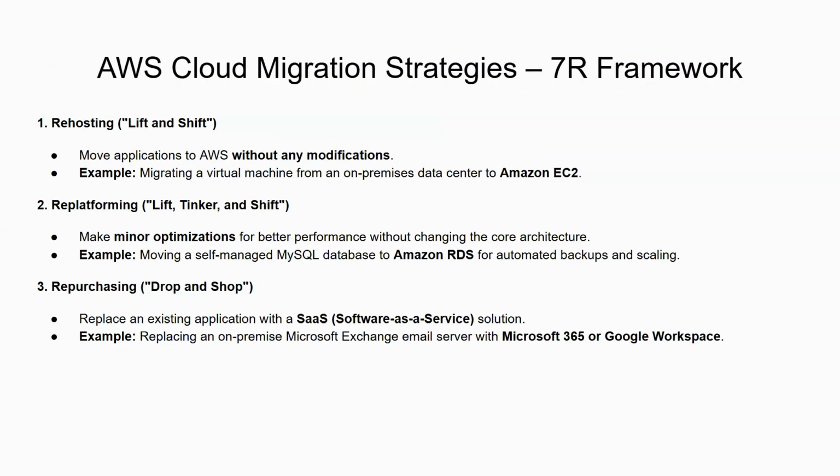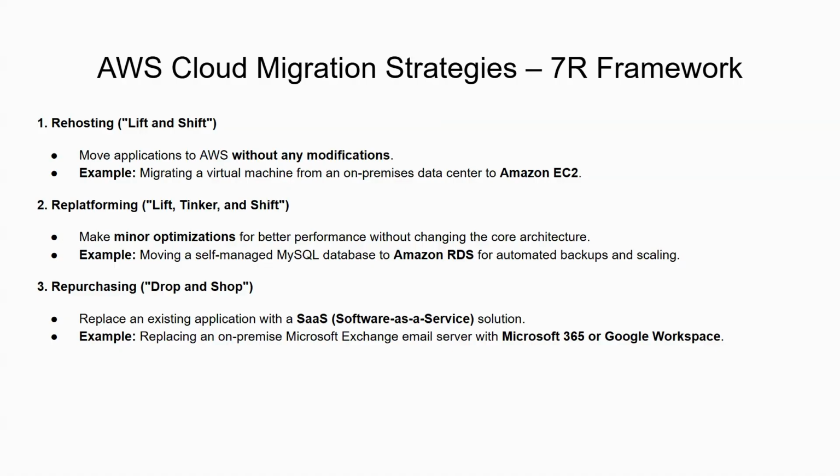So here are the 7Rs. Rehosting, replatforming, repurchasing. In the replatforming we'll make very few changes, such as moving a self-managed MySQL database to Amazon RDS for automated backups and scaling.